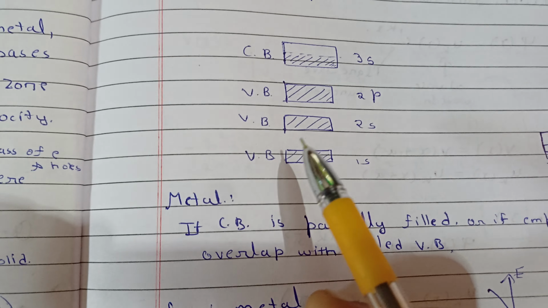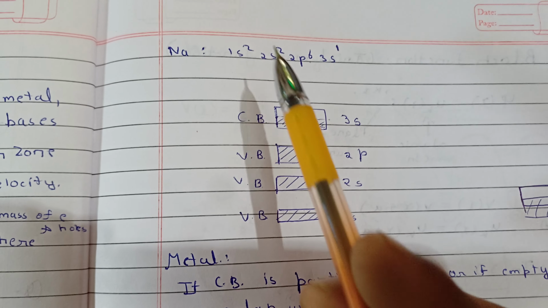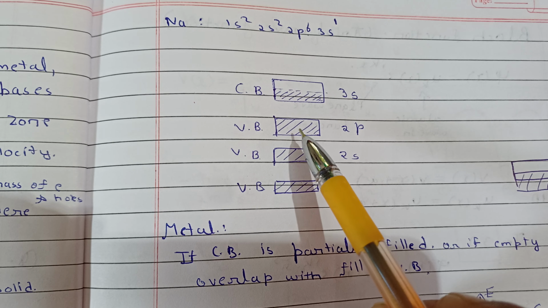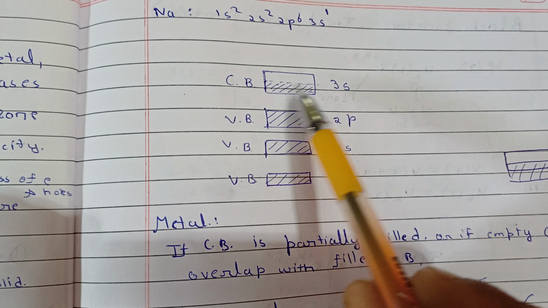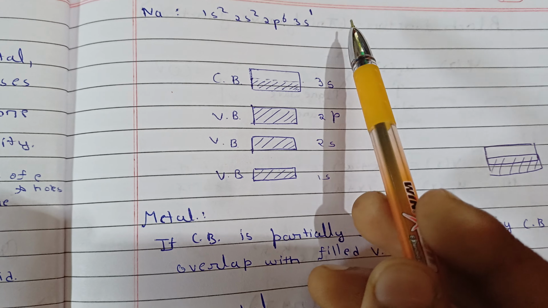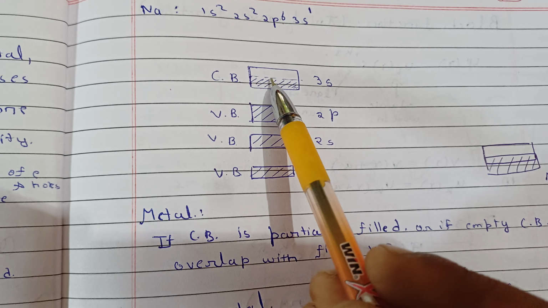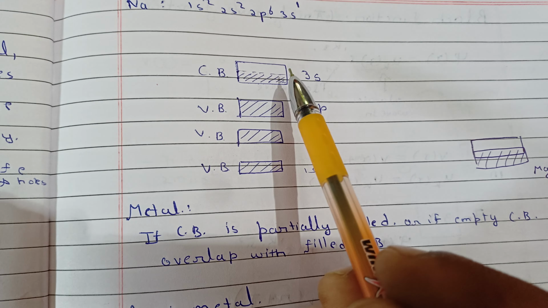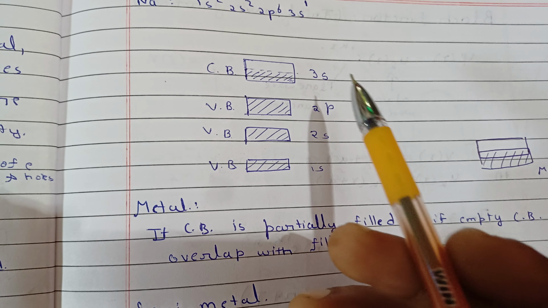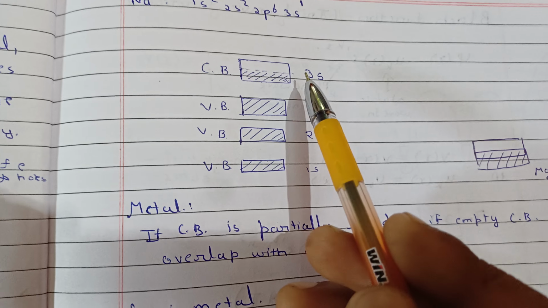Here this band is completely occupied, 2s2 will be completely occupied, and the p band is completely occupied. But this one has 1 electron per atom, so n electrons will fill n states. Means n electrons will be there, and the capacity is 2n, so it will be half filled.